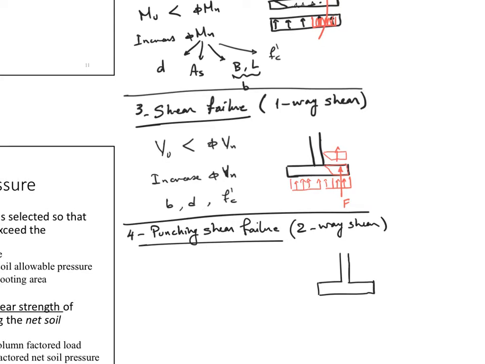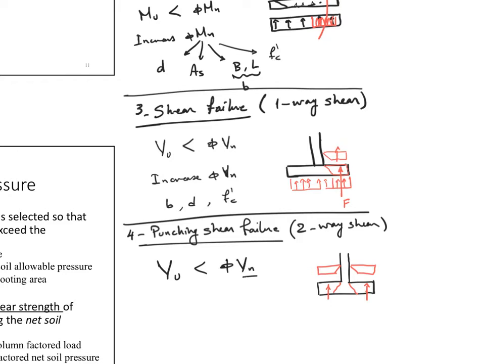So this whole thing goes down. The footing itself goes up, and the column goes down. So the punching here goes also with some forces here on the side. So you end up with a Vu that is also smaller than phi Vn for shear.